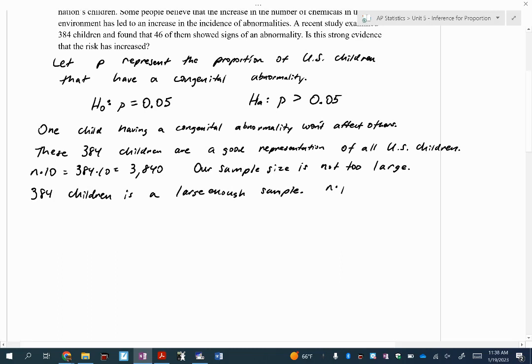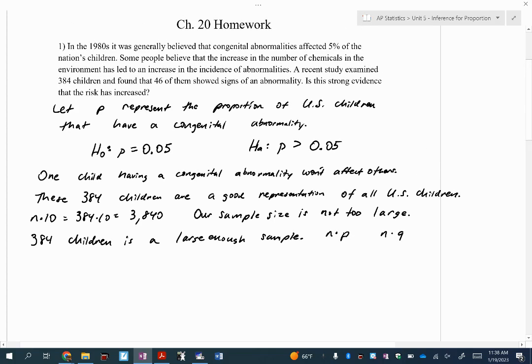This is where we did n times p and n times q. For the confidence intervals, we would just use 46 as the number of successes and 38, don't do the math there, for failures. But we don't do that for tests. For tests, we take the sample size and multiply it by this proportion from the null hypothesis.